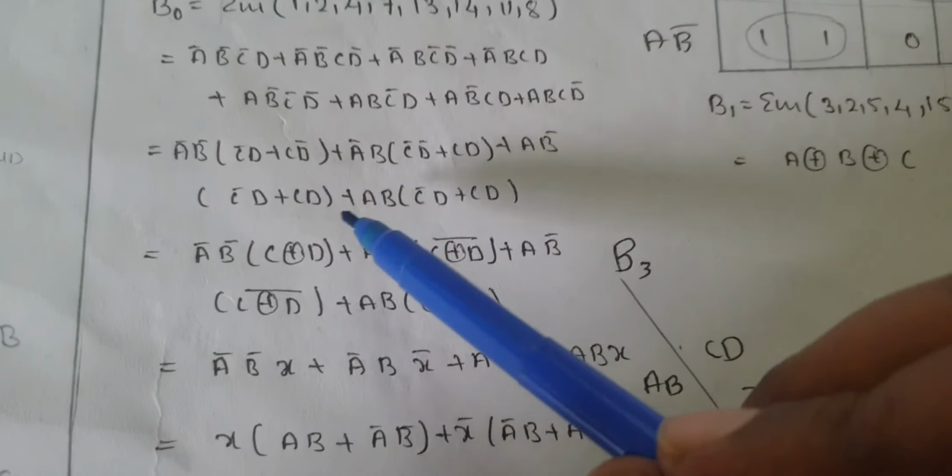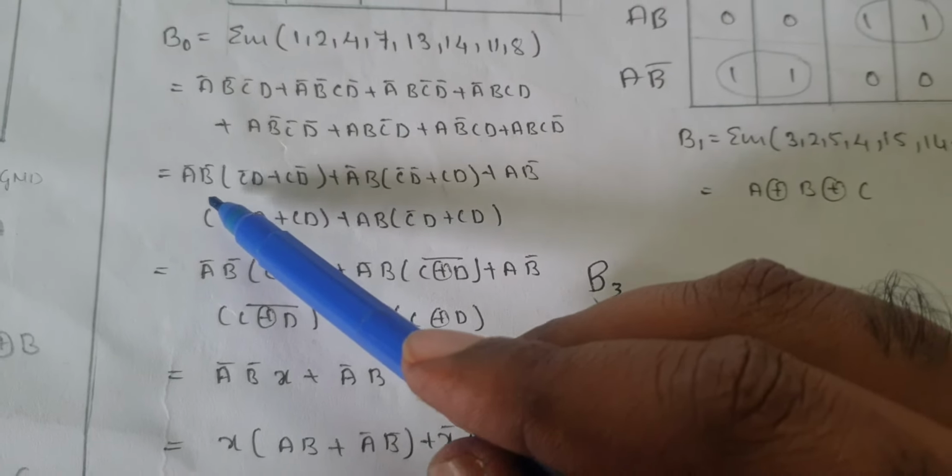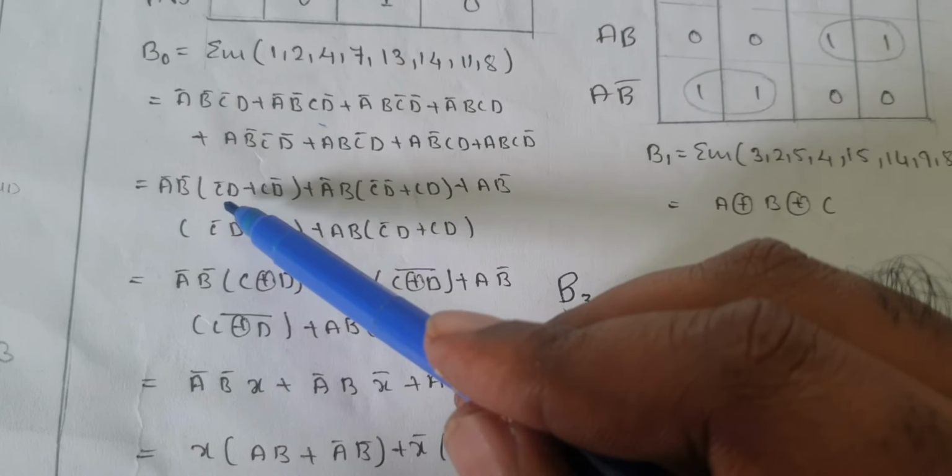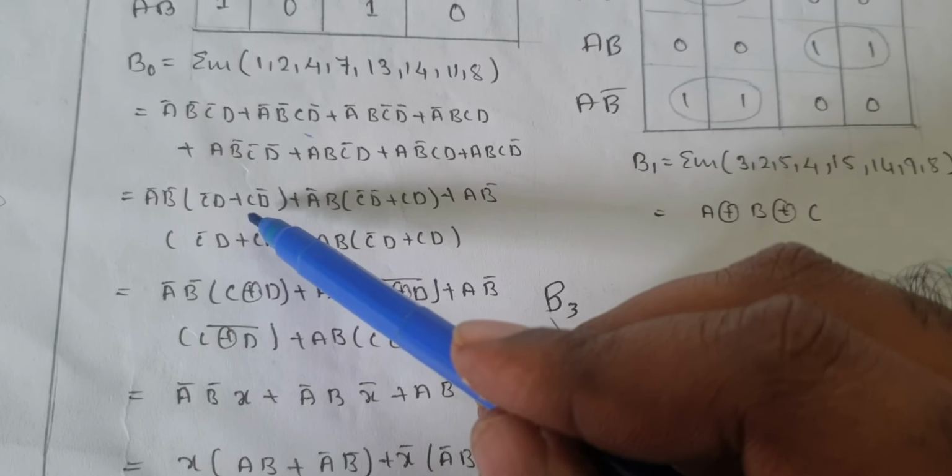Now I further simplify this by taking A bar, B bar as common. The remaining terms with these two will be C bar, D plus C, D bar.